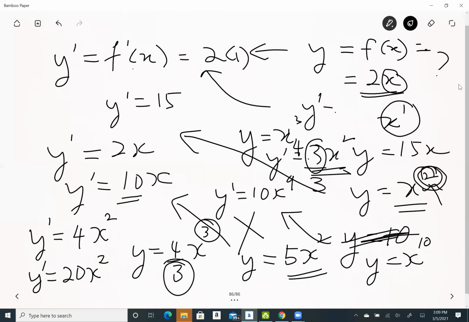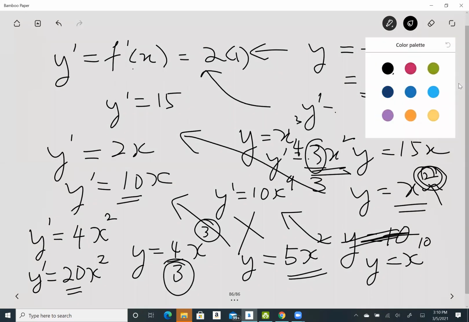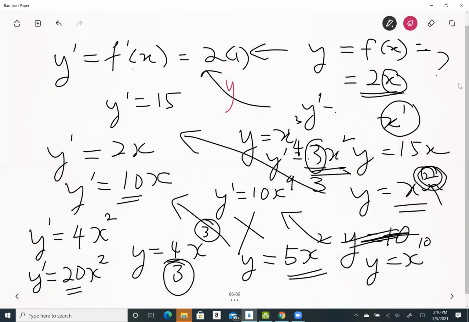Because you got 3x squared. You divide by 3, that 3 over 3 will be 1. But you want 20. So you multiply by what on the top? You multiply by 20. So just like what you do for the 4 over 3, the function y will be equal to 20 over 3 x cubed.